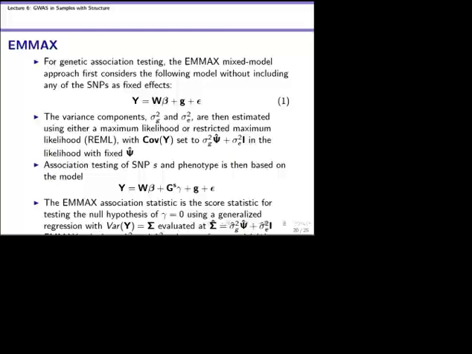In any case, they model this using an estimated genetic relationship matrix, estimated from the genome. Then they do an association test where the score statistic is tested under the hypothesis, but now you're modeling the variance of the phenotype, taking into account the correlation and relationship among individuals.